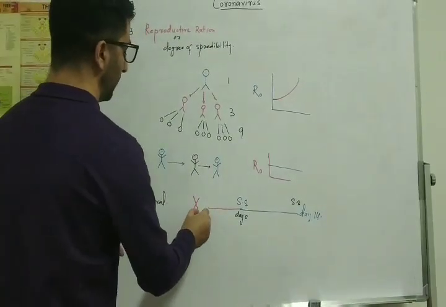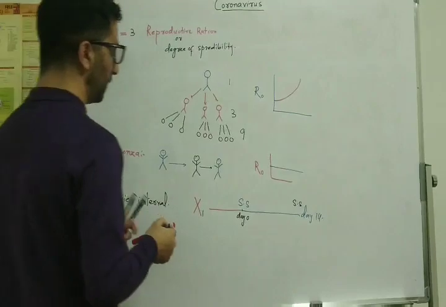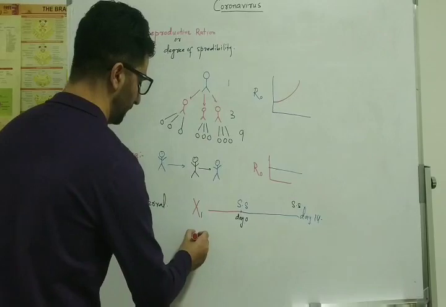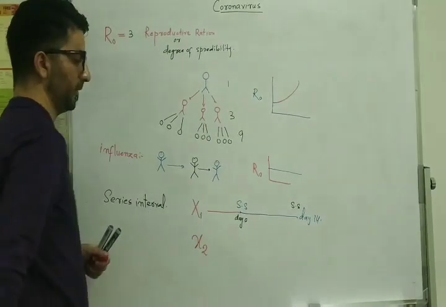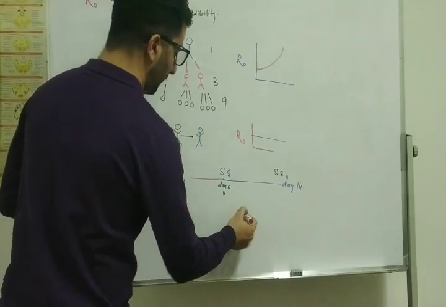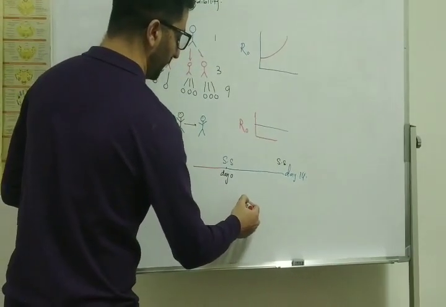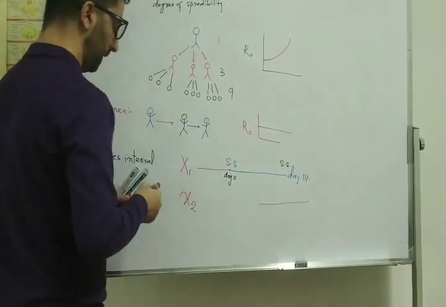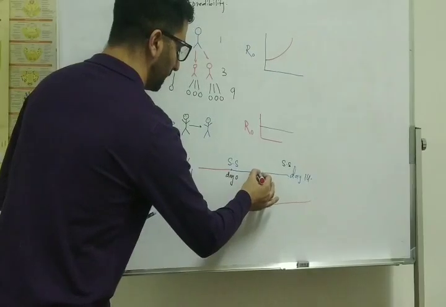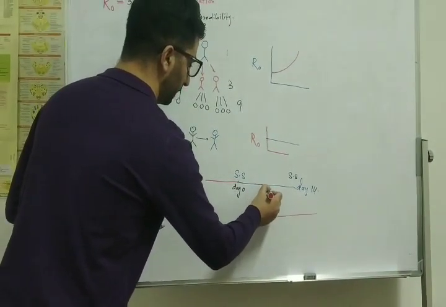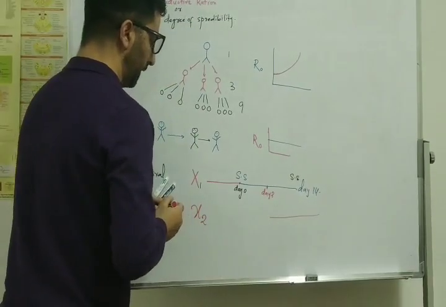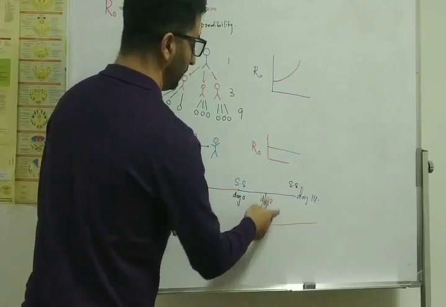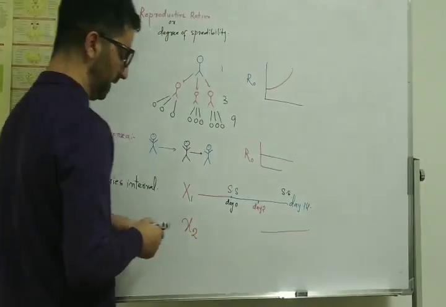So there's another person. For example, this is the X1 patient, and there was another patient, the X2 patient. For example, there is D2 for patient 1, but for this second patient, this is the first day, or we can say D0.